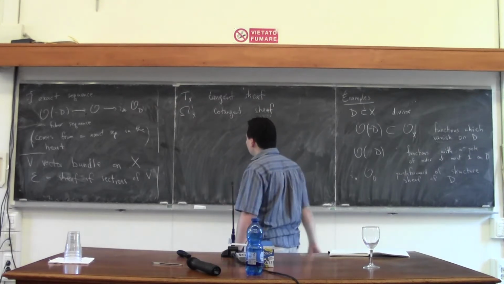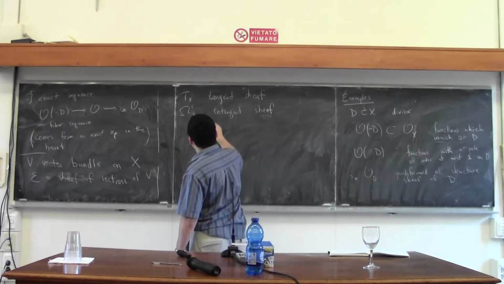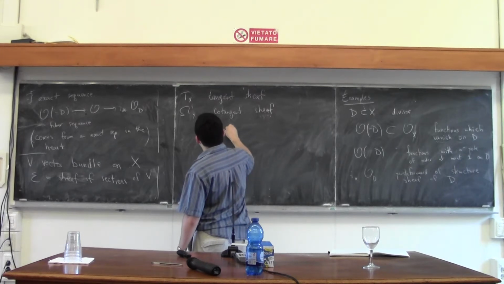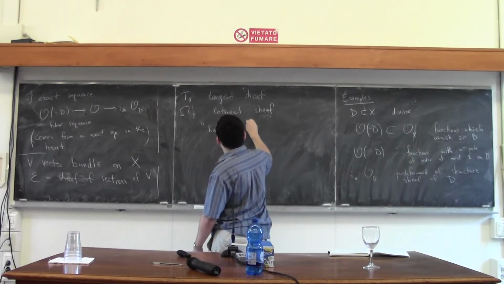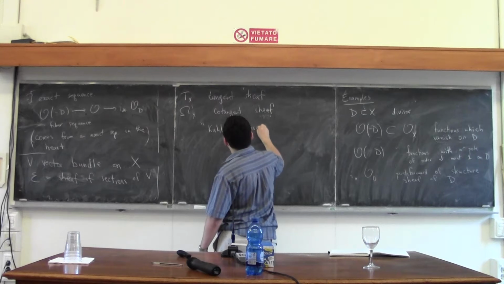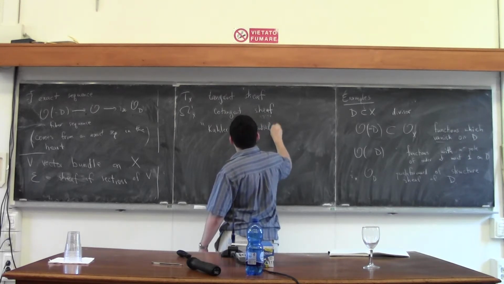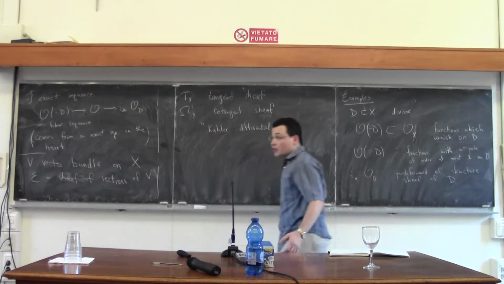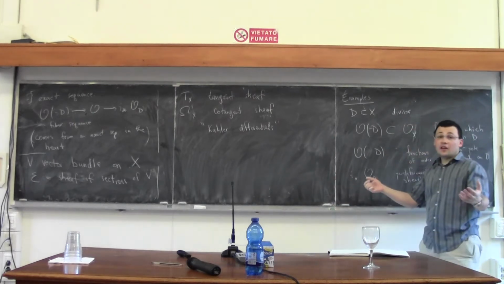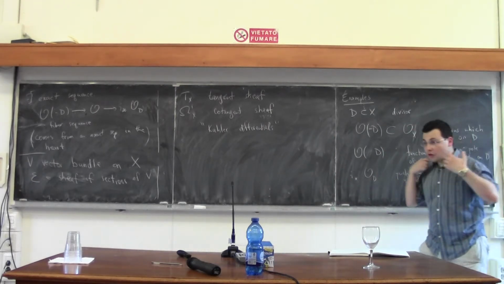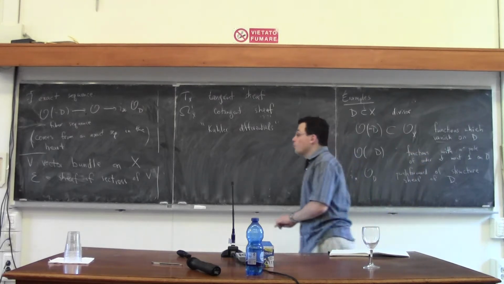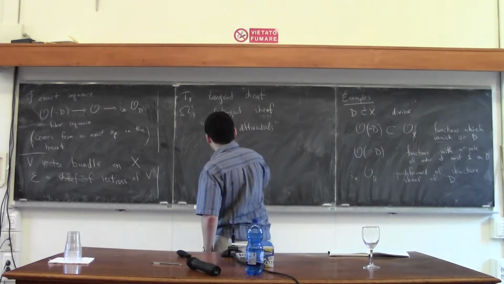This has another name in this context. It's called Kähler differentials. As a very simple description, to an open affine it assigns all the possible algebraic one-forms. That's dual to the tangent sheaf.